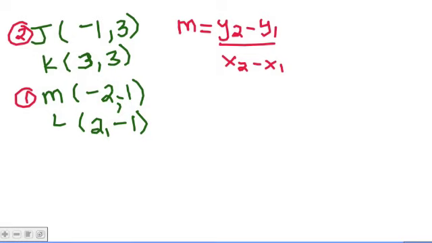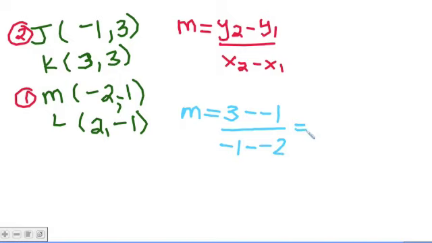So I'm going to go ahead and write m equals. Now y2 is my y from my second set, which is 3, minus my y1 from my first set, -1, all over x2, which will be -1 from my second set, take away x1 from my first set.